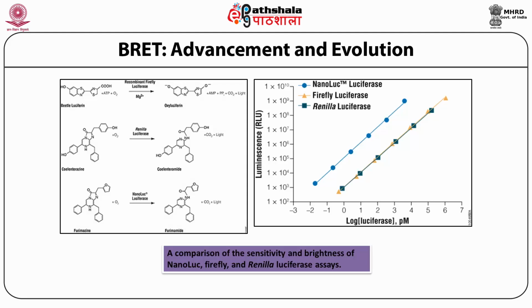It is oxidized by nanoluciferase and converted into furimamide. In all three cases, it emits a high intensity of light which can be detected in the form of a luminescence signal, and you can plot the log of the substrate concentration against the luminescent signal, and a standard curve can be obtained for all three luciferins and used for a comparison of sensitivity and brightness in different types of luciferase assay.